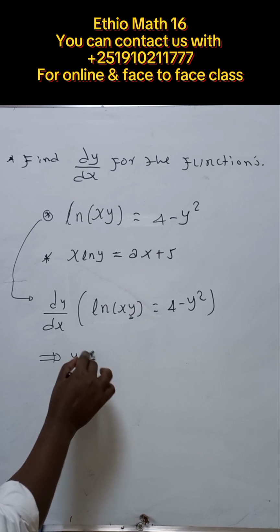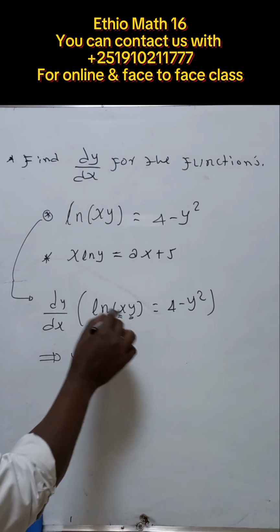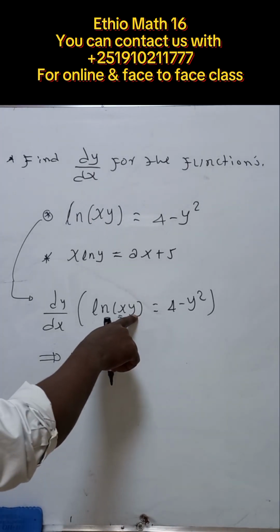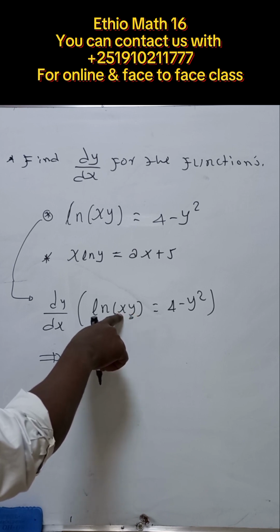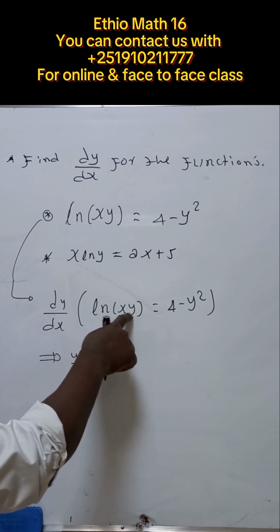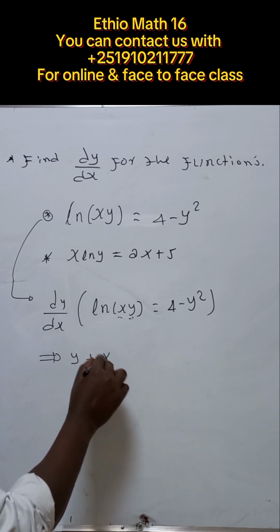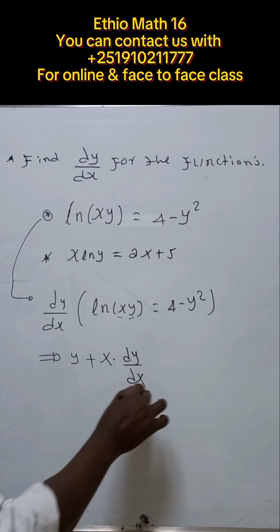Plus, now let's consider the first variable x as a constant, and let's find the derivative of y. The derivative of this problem with respect to x will be x times dy/dx.